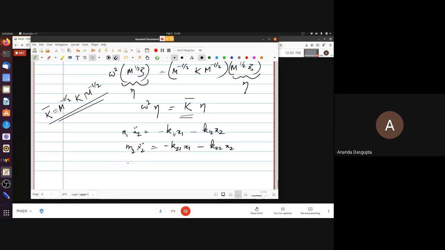If you wrote down the equations directly, you'll get omega square m1 x1, sorry, not x1 double dot, because that's actually what that is.